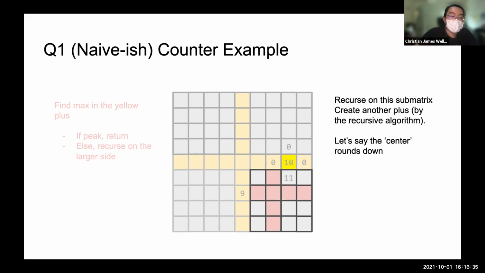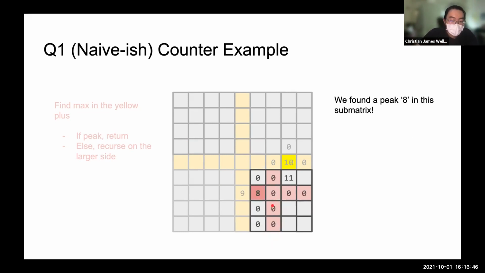But I claim that with this plus, we can get a bad result if we just find the maximum on the plus. Here's an example. Let's say the plus only contains 8, 0, 0, 0, 0, 0, 0. So 8 is the max of this plus. Our algorithm now examines whether the number 8 is a peak.